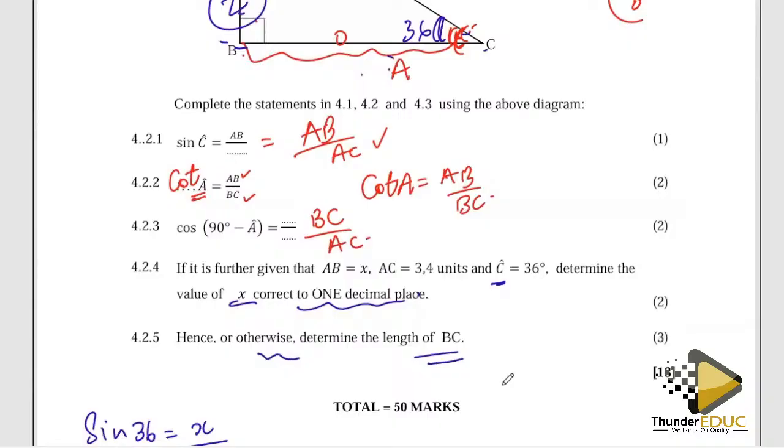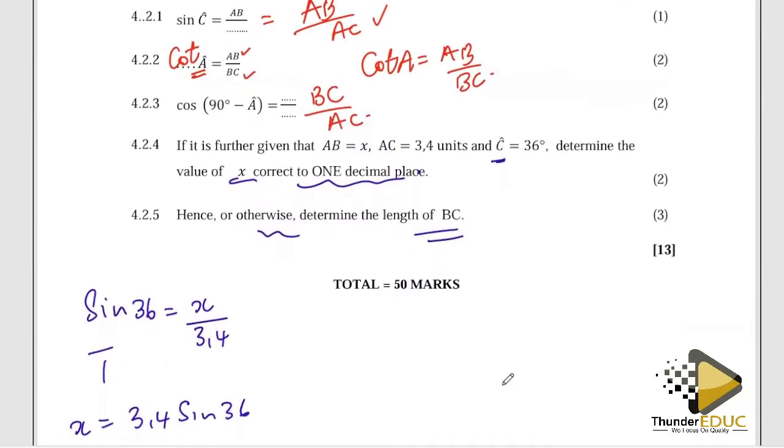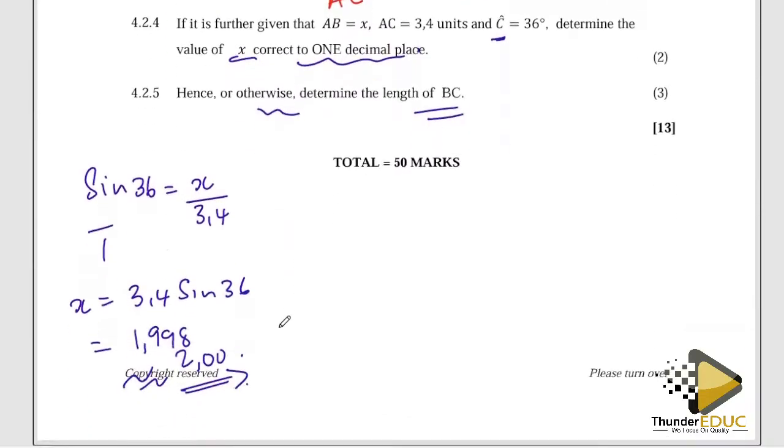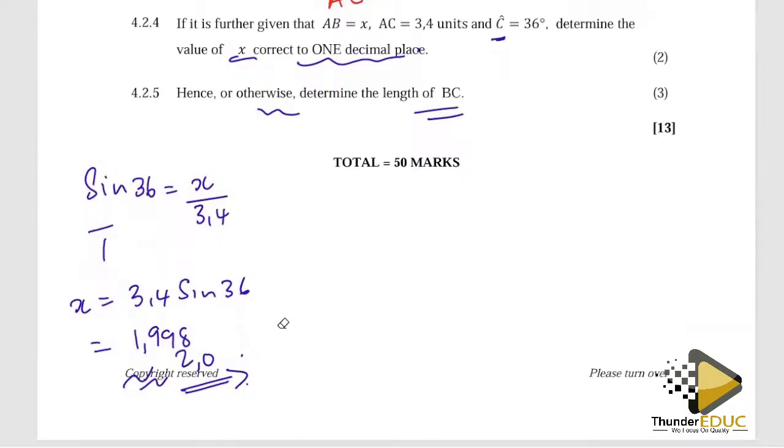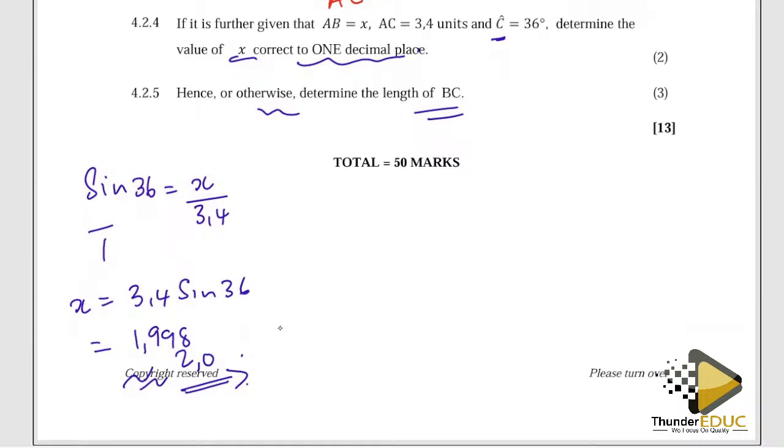Oops, sorry. They say they want 1 decimal place now. Why am I giving 2 decimal places? So this is supposed to be 2,0. So for the length of BC, let me use Pythagoras, whereby r squared is x squared plus y squared. This is 4.2.5. Our r is 3,4 squared.